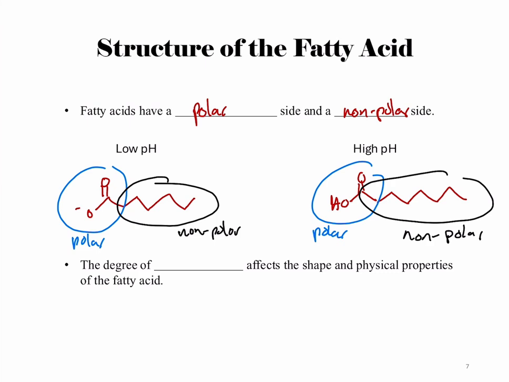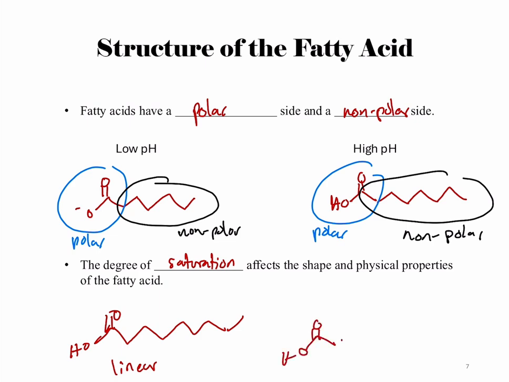And so the degree of saturation of the fatty acid affects its shape and physical properties, right? So if we have an example, a saturated fatty acid, we see that this looks like a linear structure. But let's say we add a double bond, so we can make it an unsaturated fatty acid.